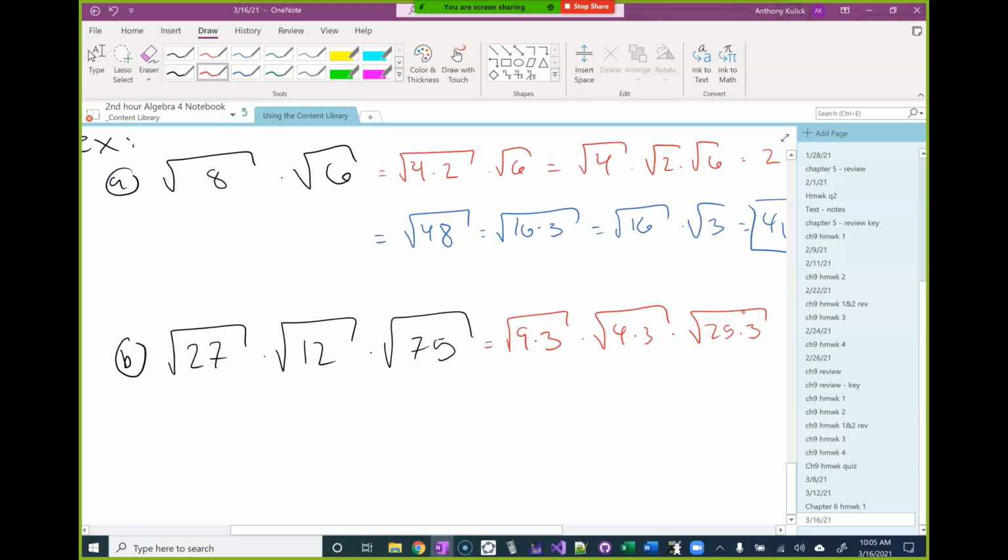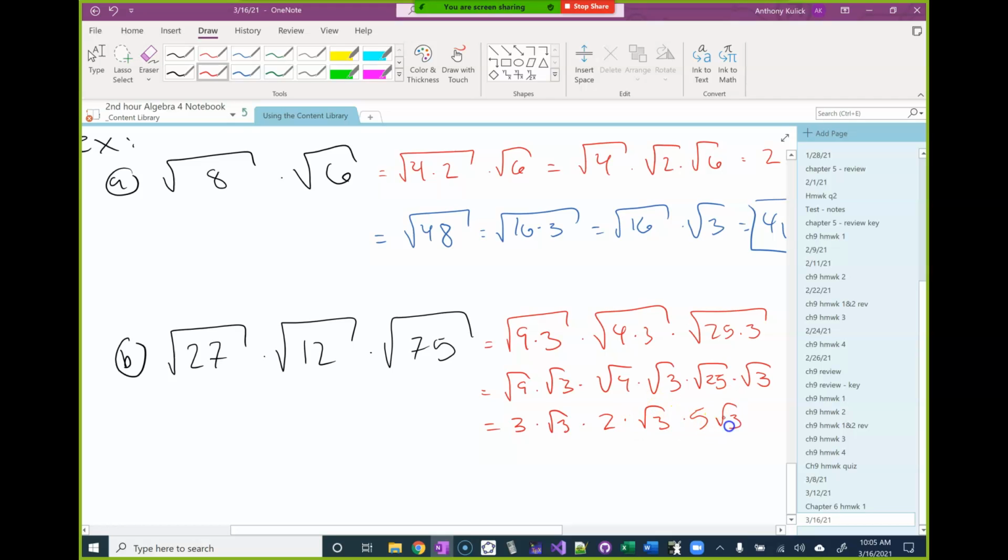Now, I have 3 square roots here, but I'm only going to stick 2 of them together, because 3 times 3 is 9, and that's another perfect square, but 3 times 3 times 3 is 27. That's not a perfect square. I'd have to just break it back up into 9 and 3 again. So I'm going to just save myself the work and not do that.